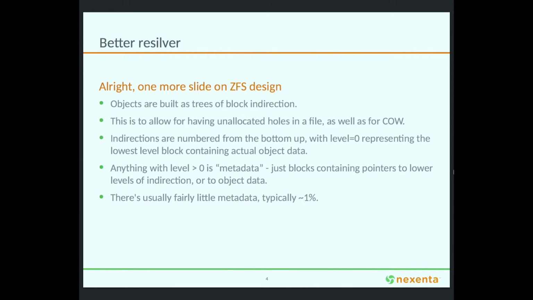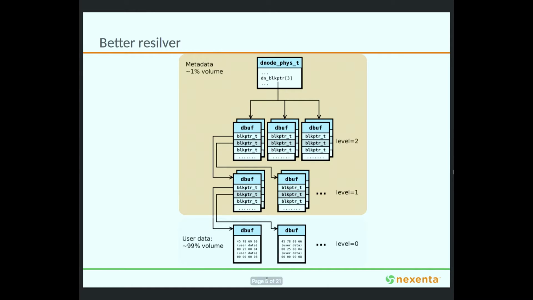The important part here is the disparity in amounts of data, and this little picture does not really capture that all that well. You have to understand that the upper part, which is all the indirections and the levels of the tree that don't contain your user data, is just indirections into the lower level blocks. The user data is down here.